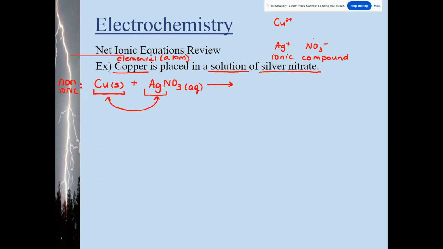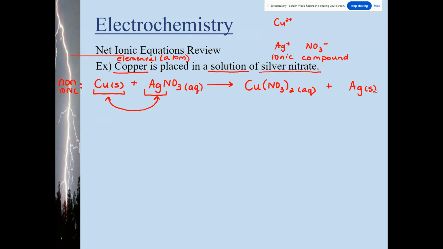So copper has a 2+ and nitrate has a -1, which means we will need 2 nitrates to bond to our copper to make that balance. Again, the solubility chart states that that's aqueous. And then the silver metal ends up by itself in its elemental form again, which would be silver solid.